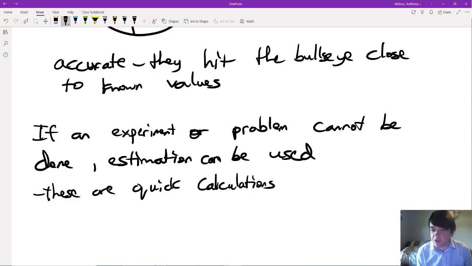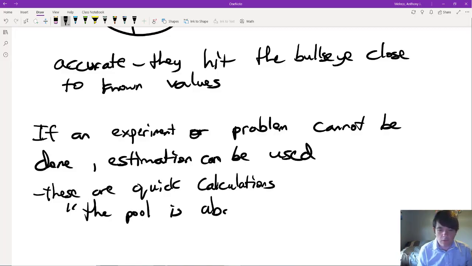These are quick calculations. Like maybe you say the pool is about that size, or the book is that big.